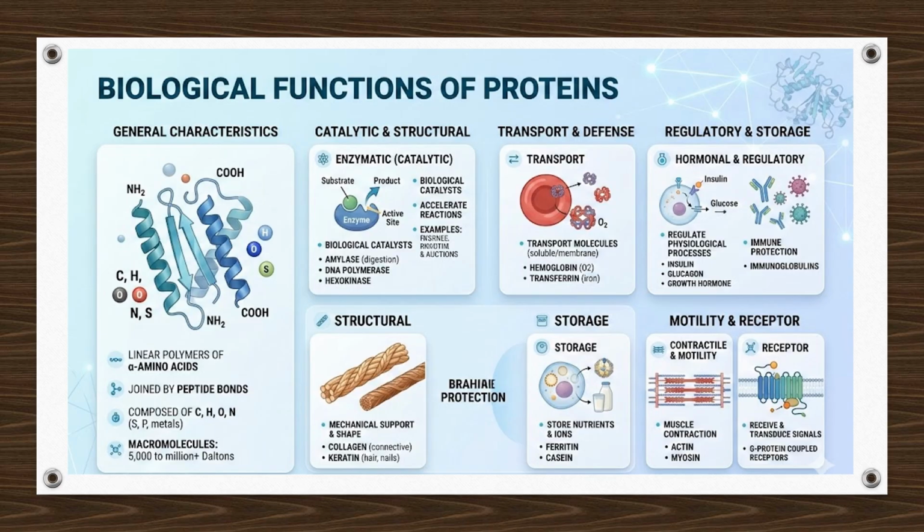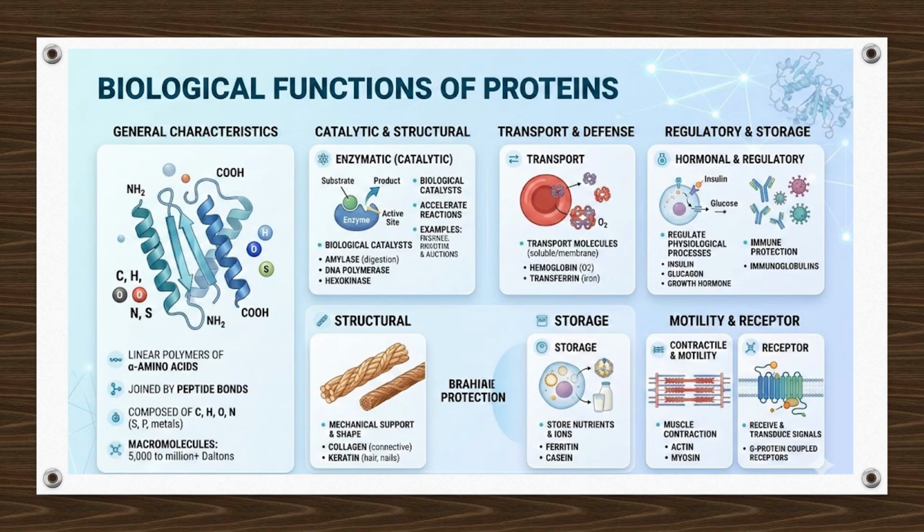Within cells, myoglobin stores oxygen in muscle, and membrane transporters like GLUT4 and sodium potassium ATPase regulate nutrient and ion movement across membranes, maintaining homeostasis.